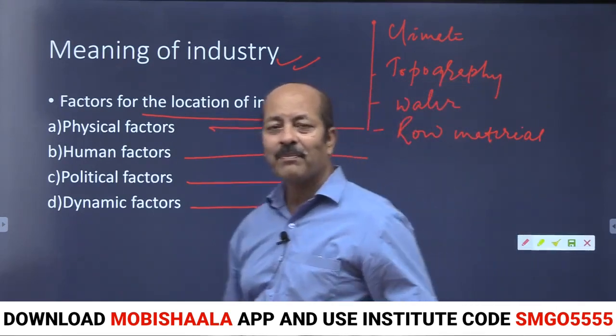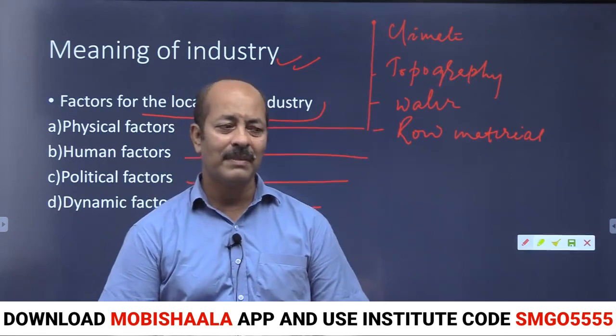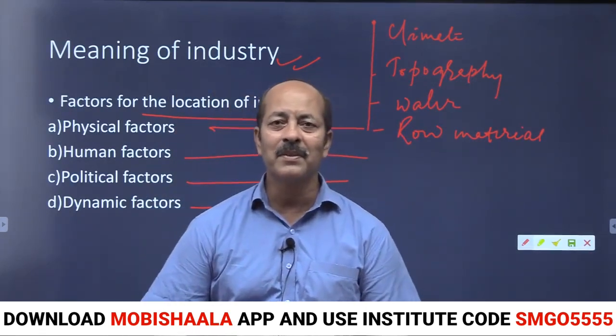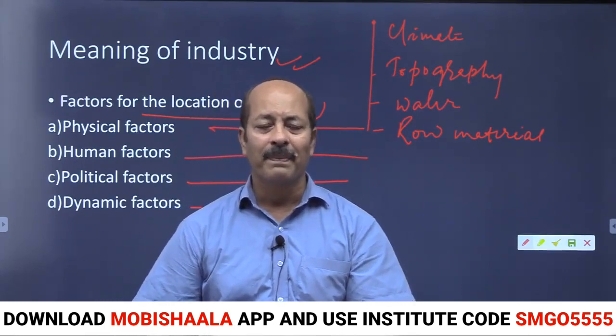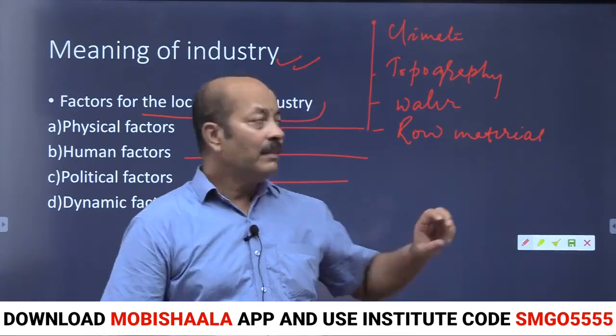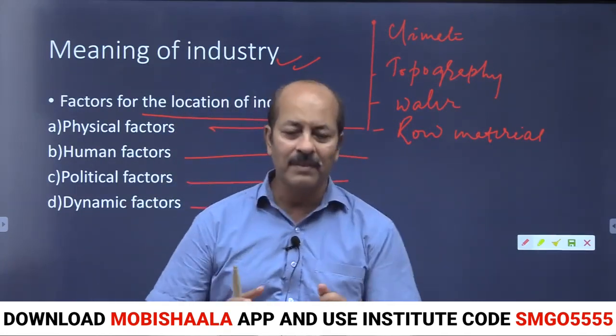So we have four basic factors as physical factors. We have done this in class 12 NCERT also, but here we have to understand the application area. Talk about the climate factor.